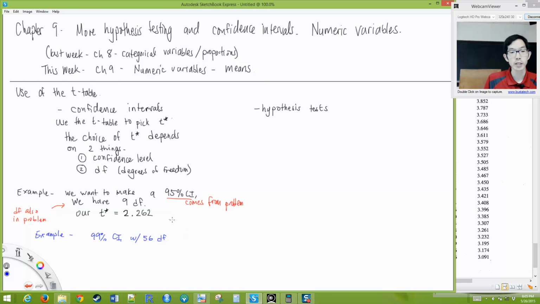Okay, now if your degrees of freedom is not listed in the table, always round down. Okay, so if DF is not in the table, always round down.